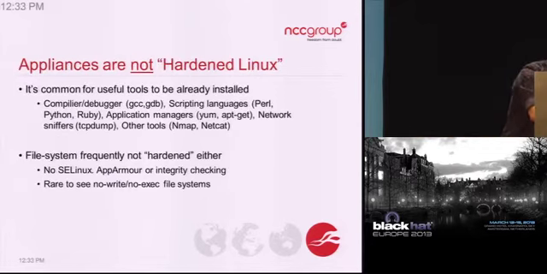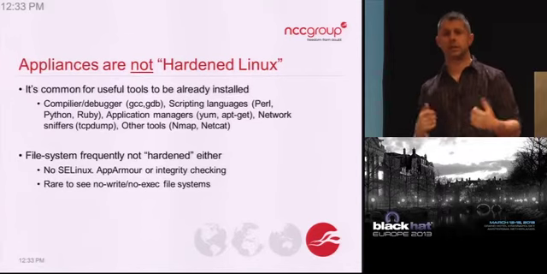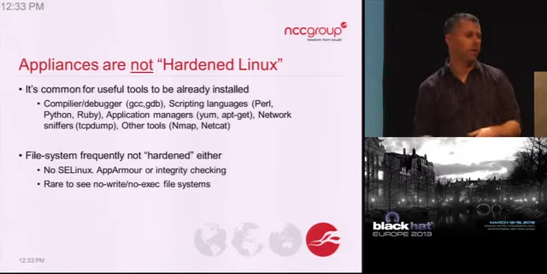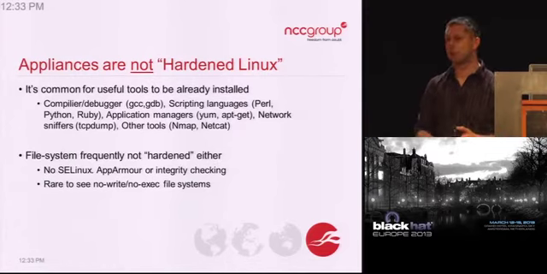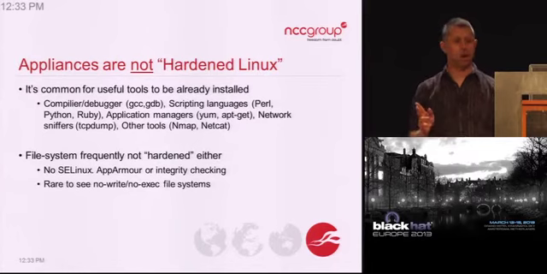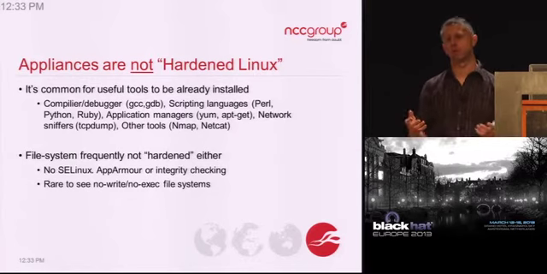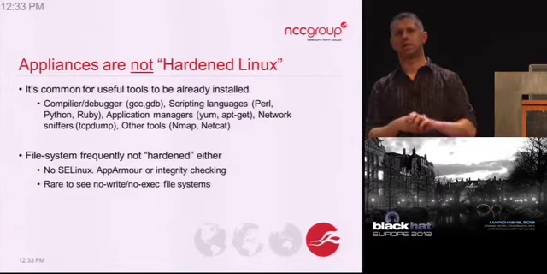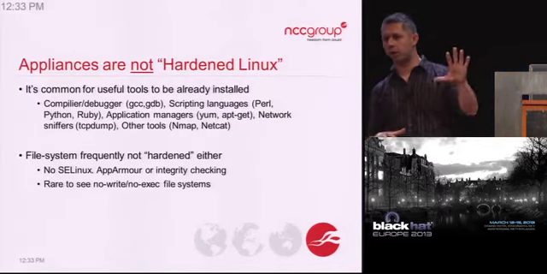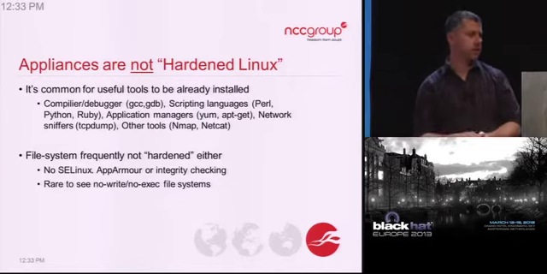And I would say I definitely disagree with that, because I've not seen any appliance which I would consider to be hardened Linux. They very commonly have things like debuggers, compilers, scripting languages which don't need to be there, application managers such as yum and apt-get, network sniffers like tcpdump, and other tools. So I've seen things like nmap on a firewall, where it's not functionality which is used via the web UI or the restricted shell. So why does it even need to be there?